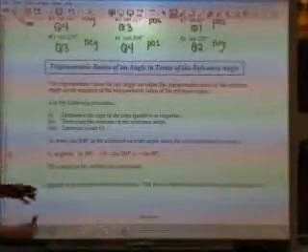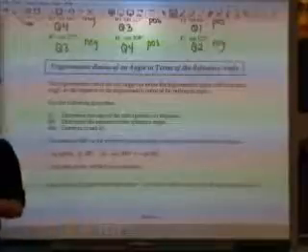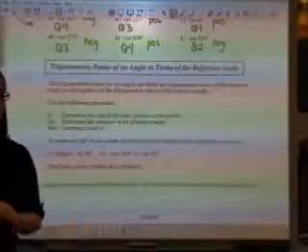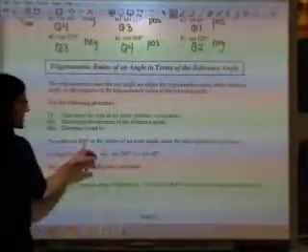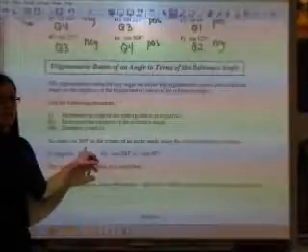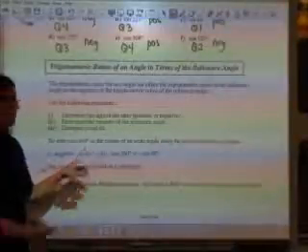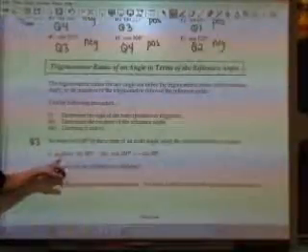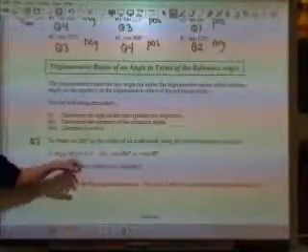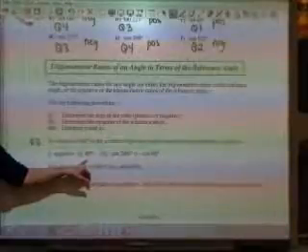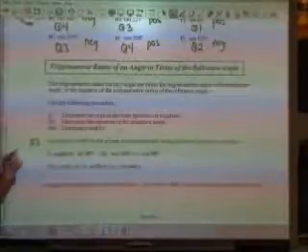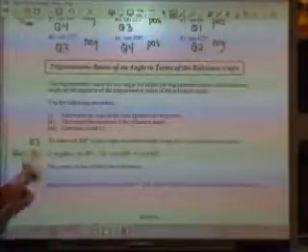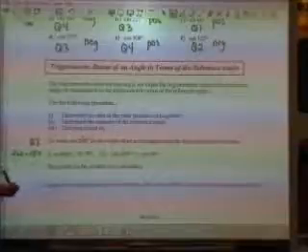So for example, if I have cos of a 260-degree angle, 260 degrees puts me in quadrant 3. Cos in quadrant 3 is negative. I get the reference angle by taking 260 degrees and subtracting 180 degrees because I'm in the third quadrant.